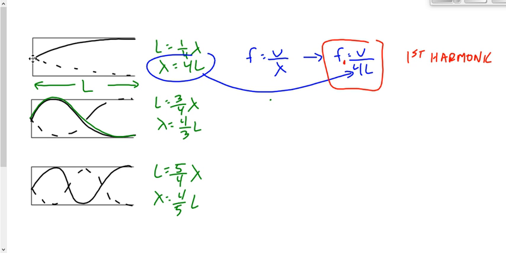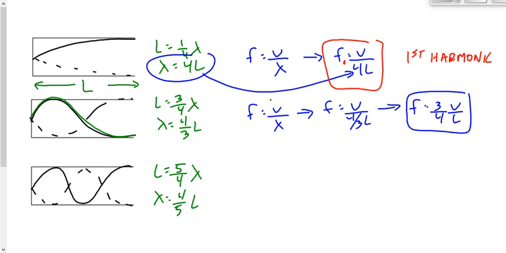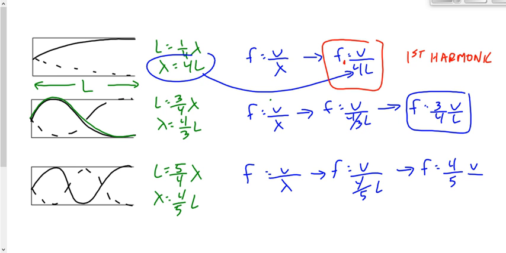Next one, we'd say F is equal to V over lambda, or F is equal to V over 4/3 L. To rearrange that, or just to tidy it up a little bit, we'd say F is equal to 3/4 times V over L. And for the next one, we'd say V over 4/5 L, which is the same thing as 4/5 times V over L. What do you notice about that second one there?